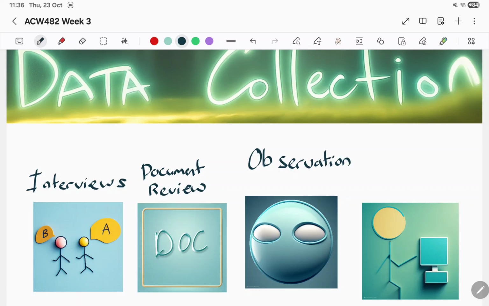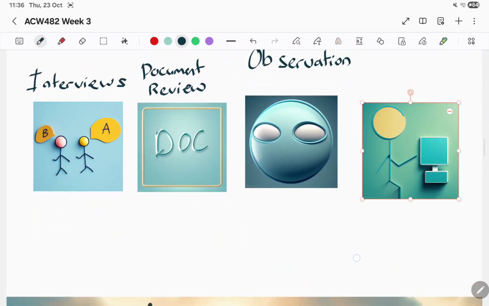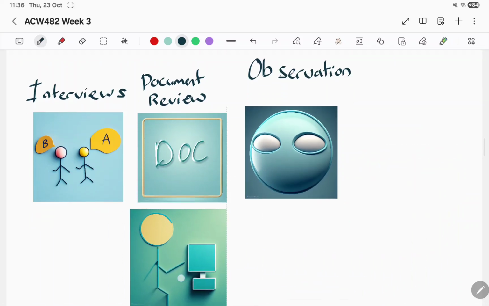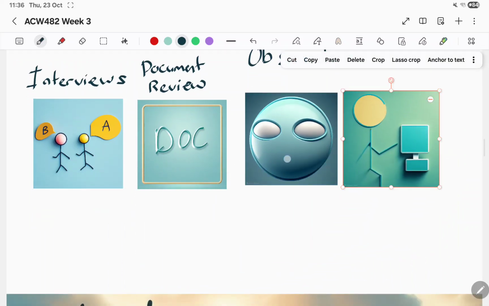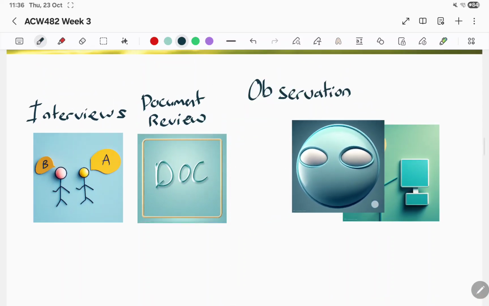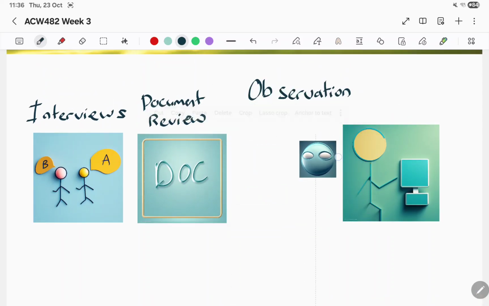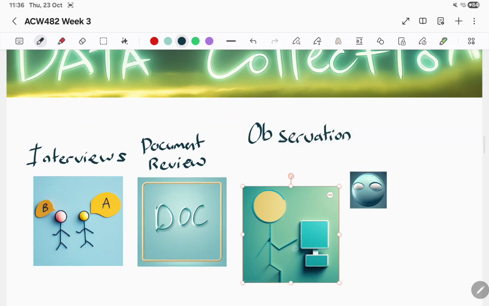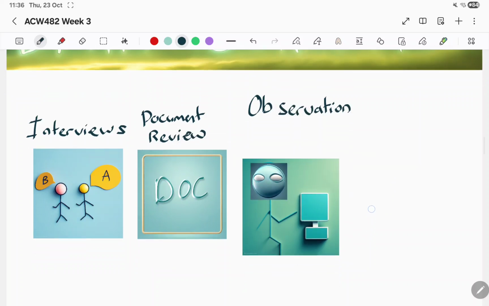Observe what they are doing, and this is the most important one of all of this. You need the eyes over here. You need the observation.